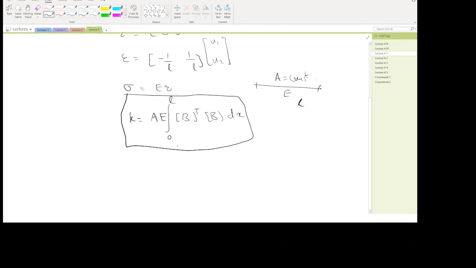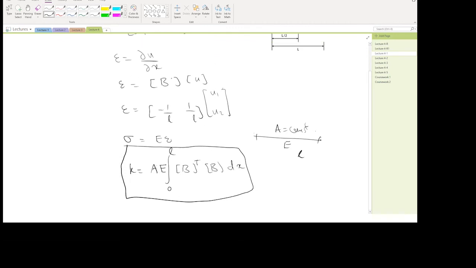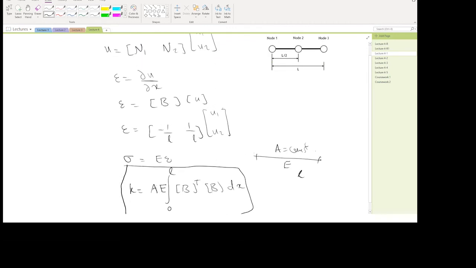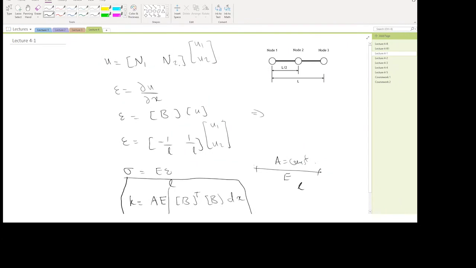Okay, so I'm just going to write this B matrix. If you remember, the B matrix is the derivative of the displacement. And since the displacement is now written in terms of N1 and N2, the B matrix is just going to be the derivative of N1 with respect to x and the derivative of N2 with respect to x.